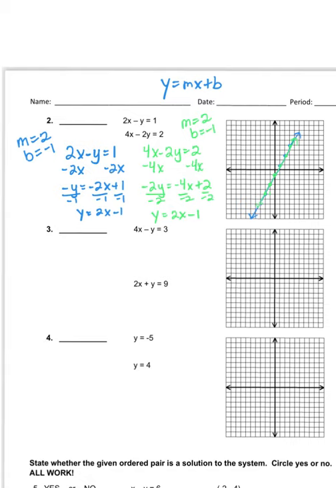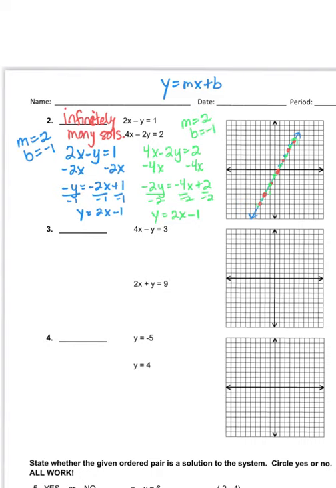Every single point on this line is a solution to those equations. So right here, I'm going to write infinitely many solutions. Basically, it's the same line.